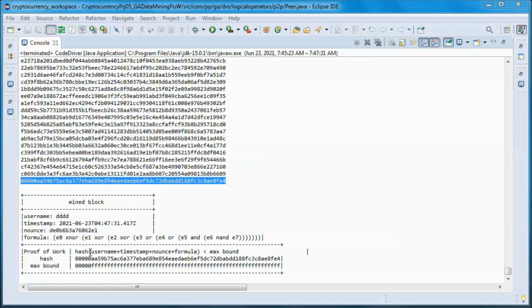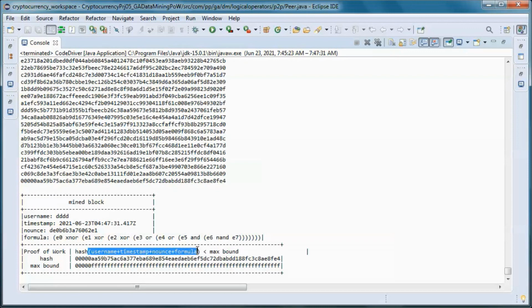So this is the hash for the username and the timestamp and the nonce and the formula that uses logical operators that was discovered. And the proof of work is to have this hash be smaller than this max bound.